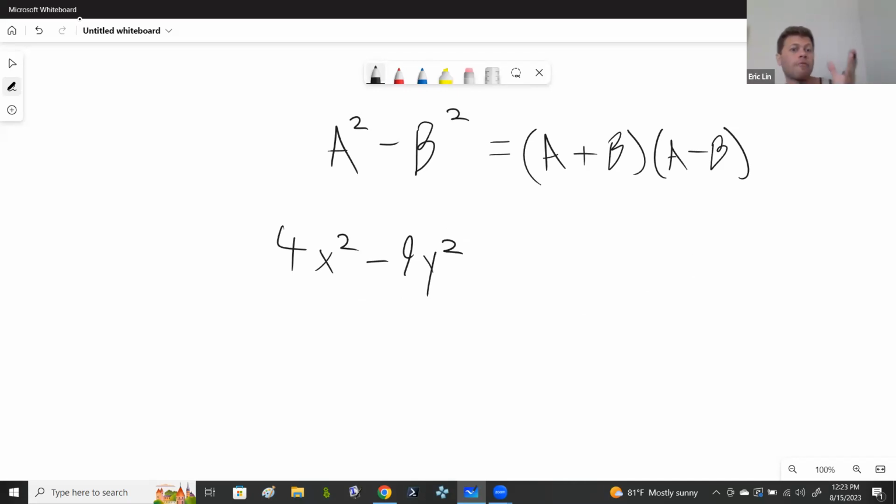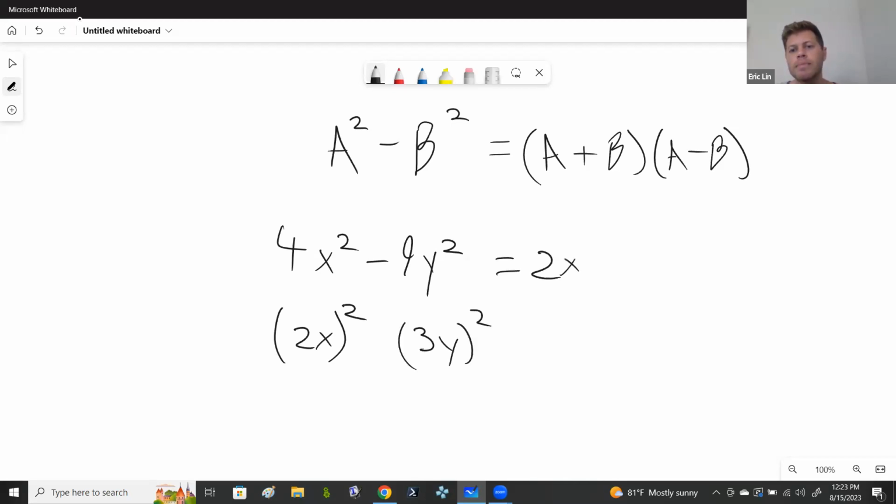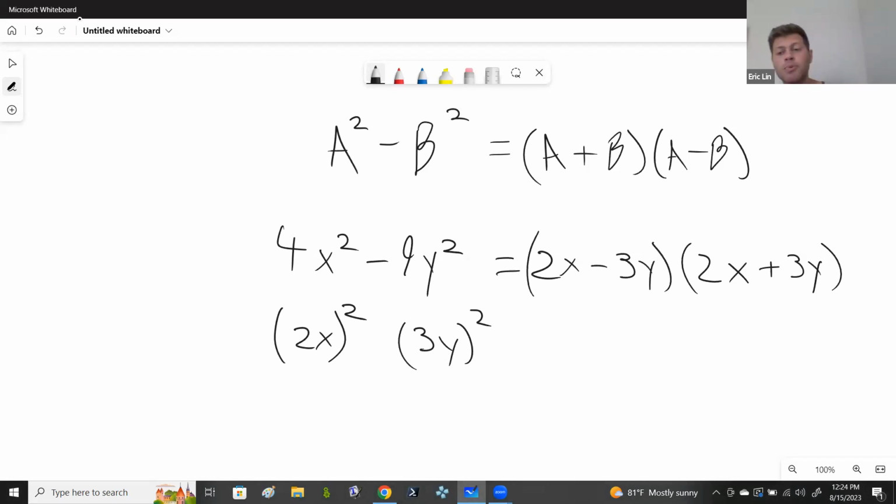So here I have one piece having x's, one piece having y's. I can still do the same thing where I identify the thing that was squared. And then I just say, oh, it's plus and minus those two things. So I have 2x minus 3y, 2x plus 3y.